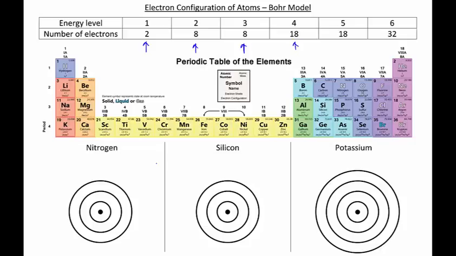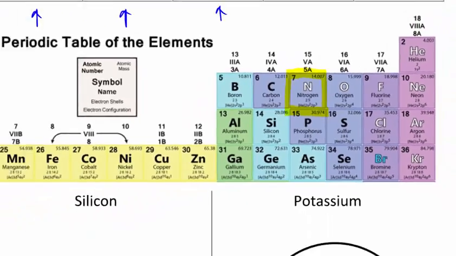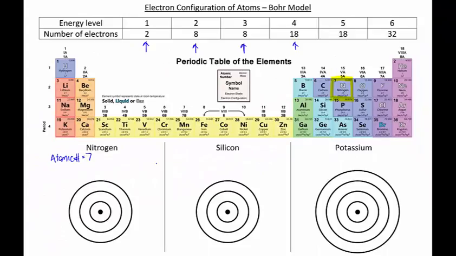So let's look at the energy level of some elements. First one's nitrogen. If we look at the periodic table that I've provided here, just an excerpt of it, nitrogen is here. The atomic number of nitrogen is 7. So we have 7 protons, and because the number of protons equals the number of electrons, we have 7 electrons to place.